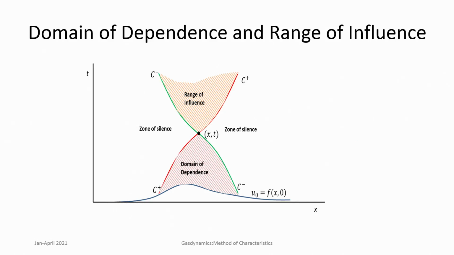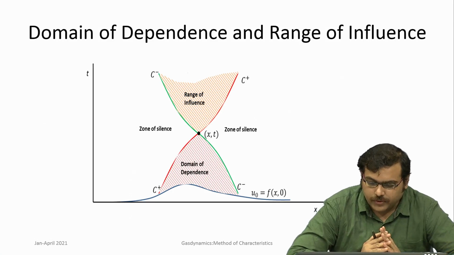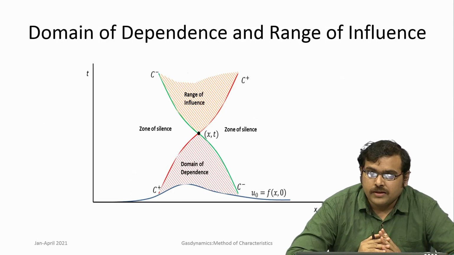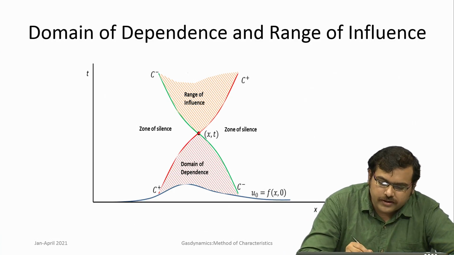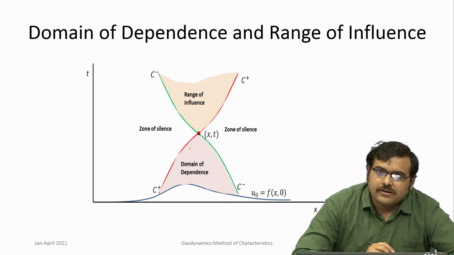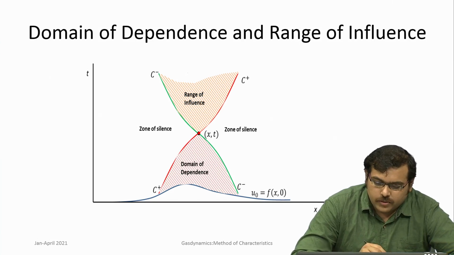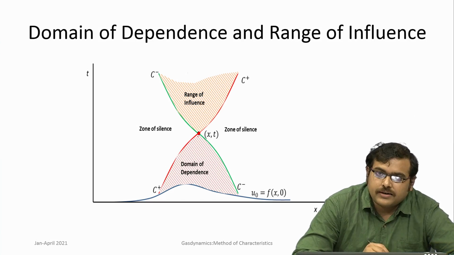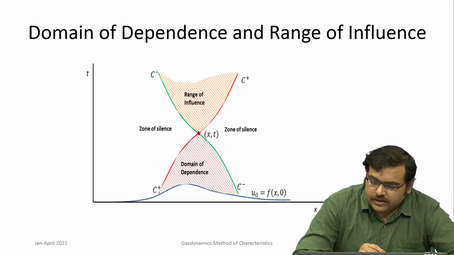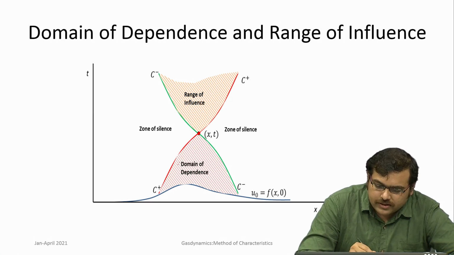So, we can apply the same principles for the velocity potential equation in the supersonic domain. Before we go there, we also have to understand that if you take any particular point in such a general hyperbolic equation, then the solution at that particular point is influenced by all the regions which are bound by the two characteristics.